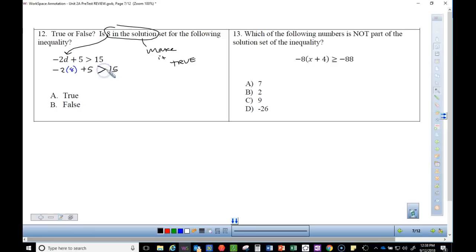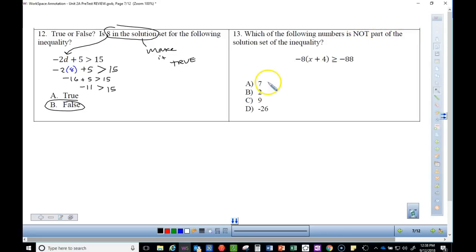It's pointing to the right where things get bigger. So negative 16 plus 5 is greater than 15. Well, negative 16 plus 5 is still going to be negative 11. Is that greater than 15? I don't think so. That's false, which is not part of the solution set.